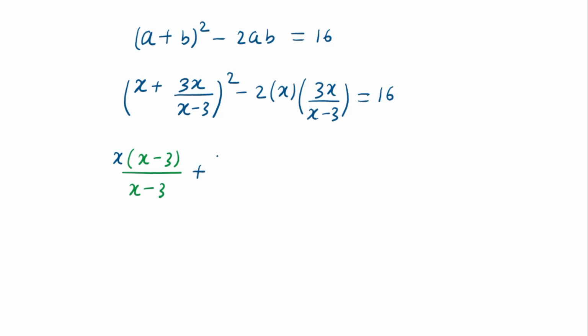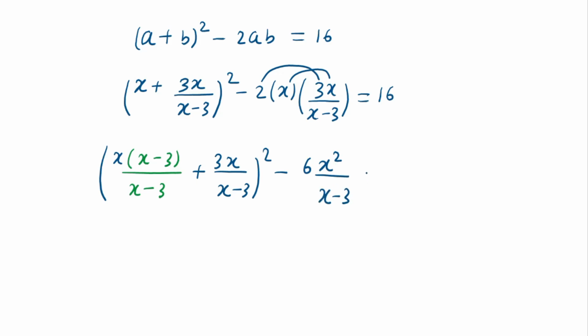Now plus 3x/(x−3), whole power 2, minus this 2 multiplied by this 3, then you will get 6, and x is multiplied by x, then you will get x², divided by x − 3, and this is equal to 16. Now this x is multiplied by this x and this x is multiplied by −3.